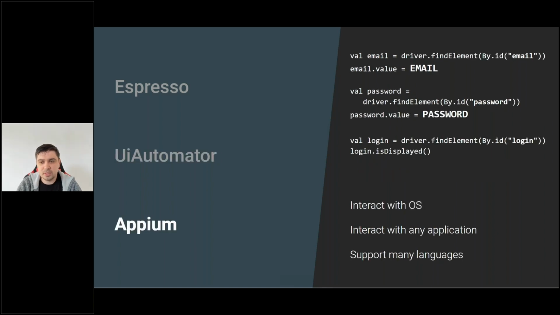And Appium under the hood uses Espresso and UI Automator, so it's a more combined approach. Appium has many features from Espresso and many features from UI Automator. However, we can manually combine Espresso and UI Automator, even inside one test, without any issues.